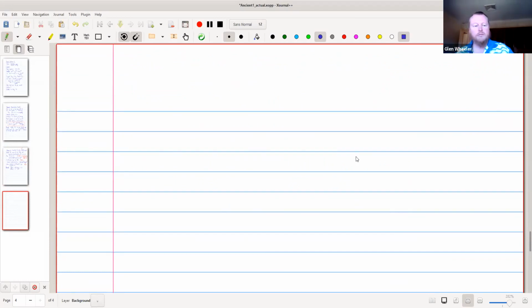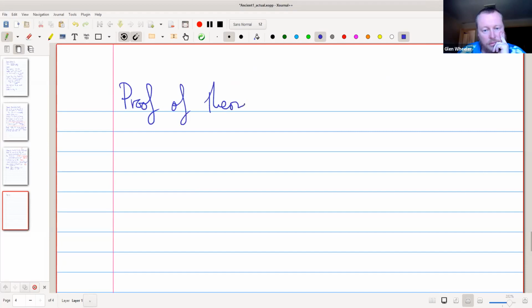Okay, so what we're going to do is talk about proof of theorem 1. And I'm going to need a few things. So I've broken it down into 10 steps, 10 easy steps.